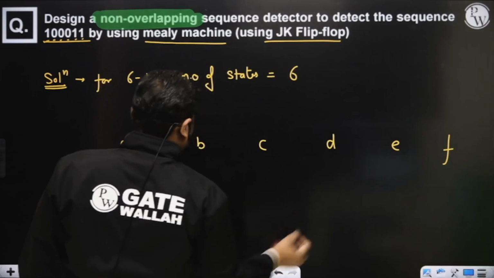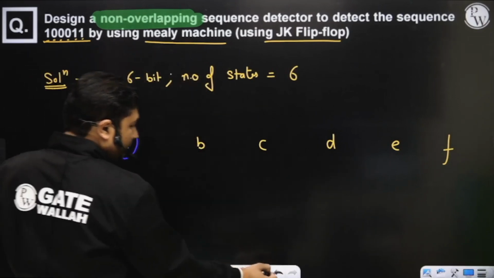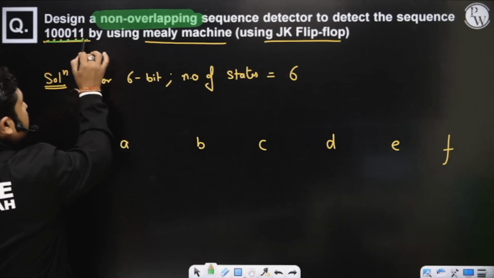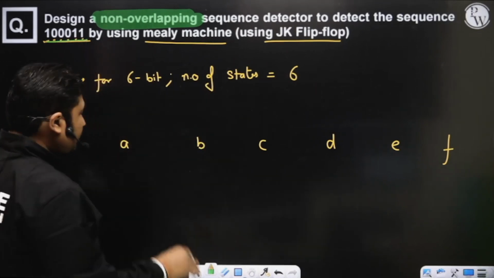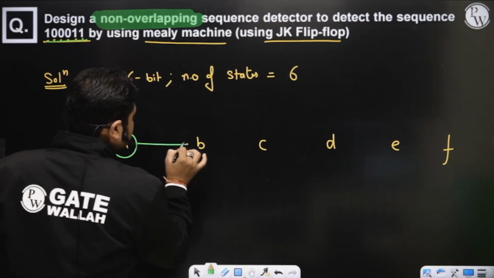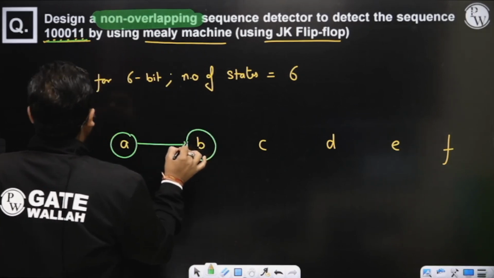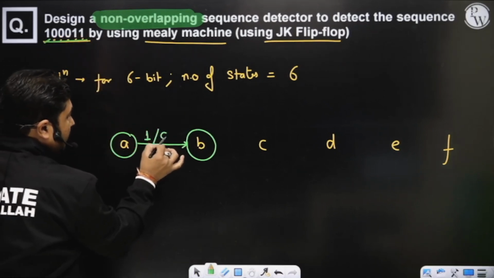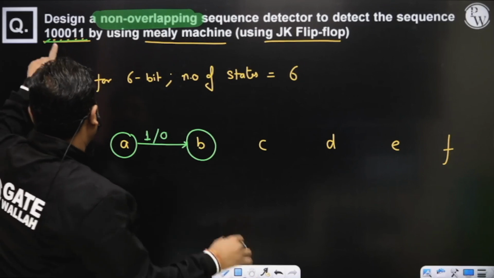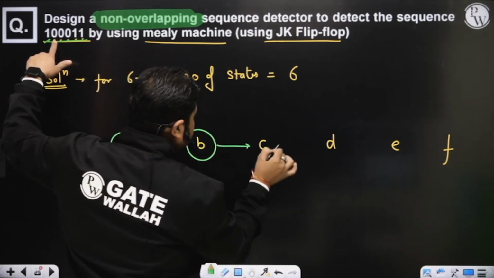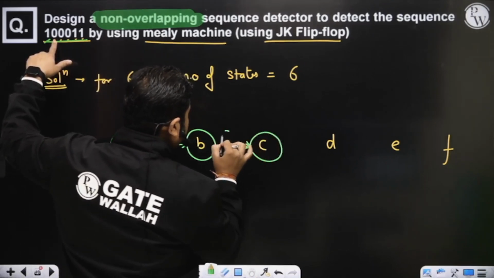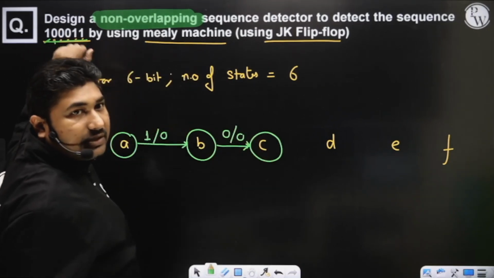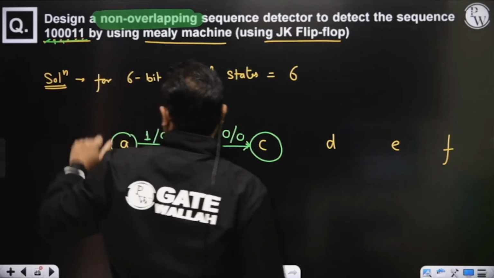Now first of all, if the input is obtained in the sequence, then you have to draw the next state first. So if you are on state A, if you are getting input X equal to 1, which is in the sequence, but yet not all the sequence detected, move to state B. Now if you are on state B and input X equal to 0 appears, then move to the next state C. Output remains 0 because the entire sequence is not yet detected.